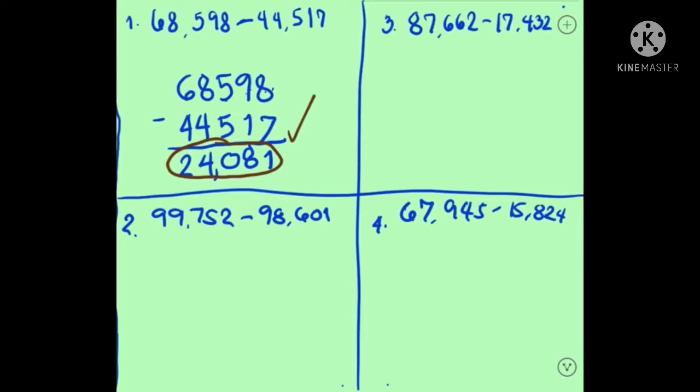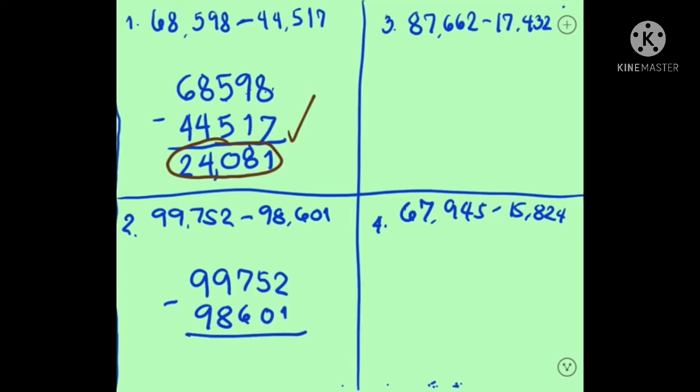Alright, so those are the two numbers that we need to find their difference. Okay, let's line up first. 99,752. And then 98,601. Do not forget our symbols.